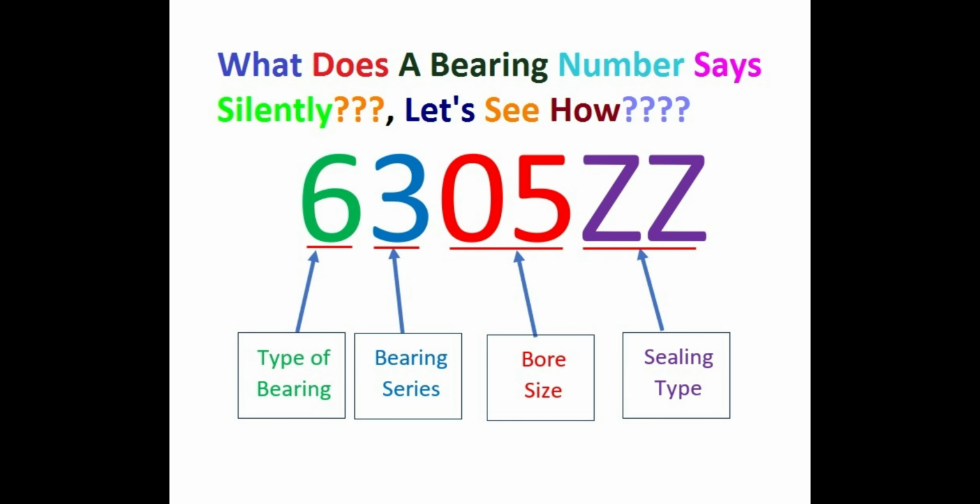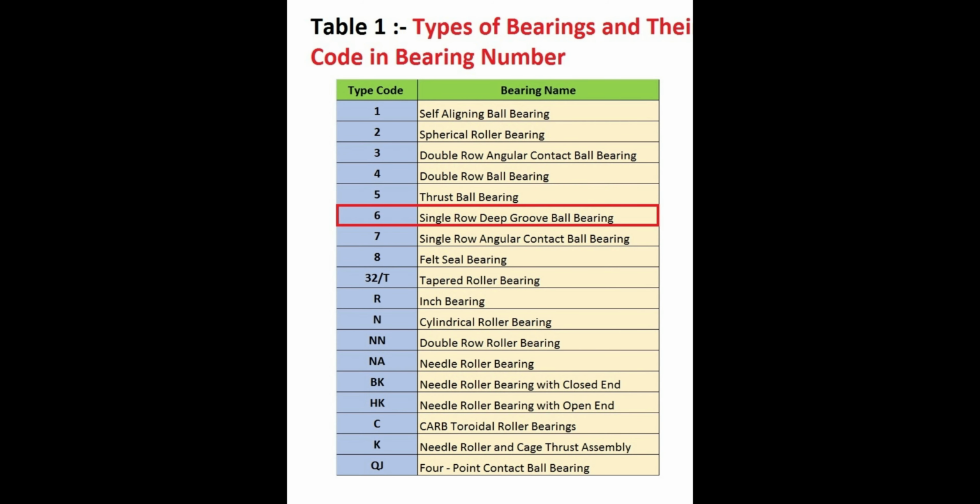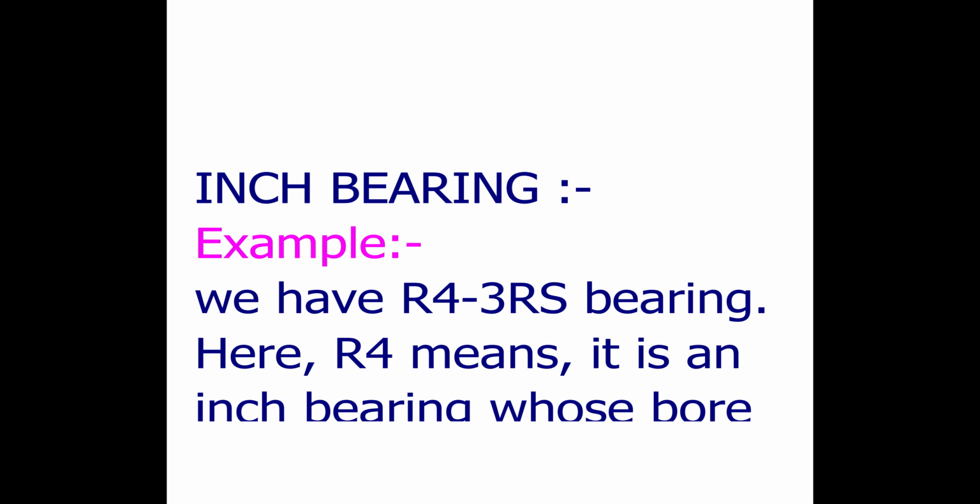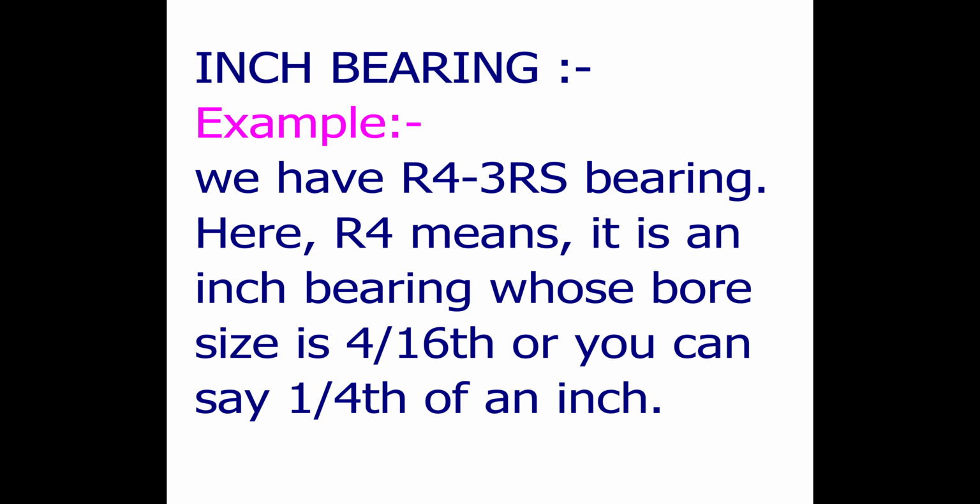Thus, we can easily identify now that in case of bearing 6305GG, the first digit 6 means the bearing type is single row deep groove ball bearing. In case of inch bearings, the bearing's first digit will be R. After R, the size of the bearing will be given in 1/16 of an inch.